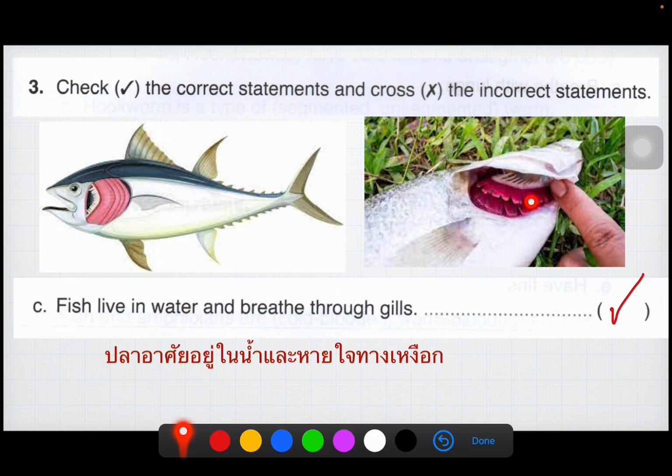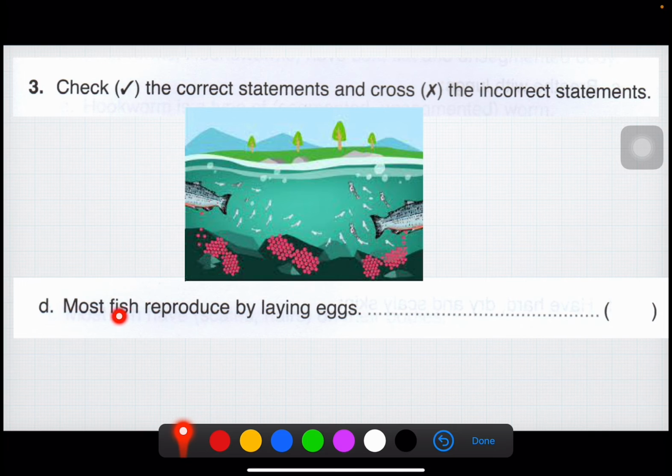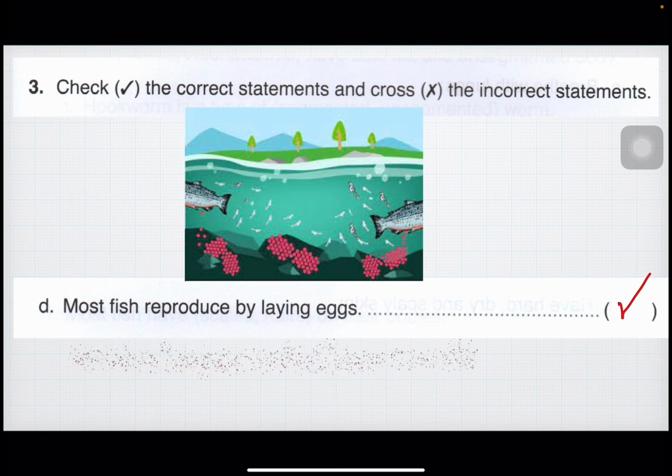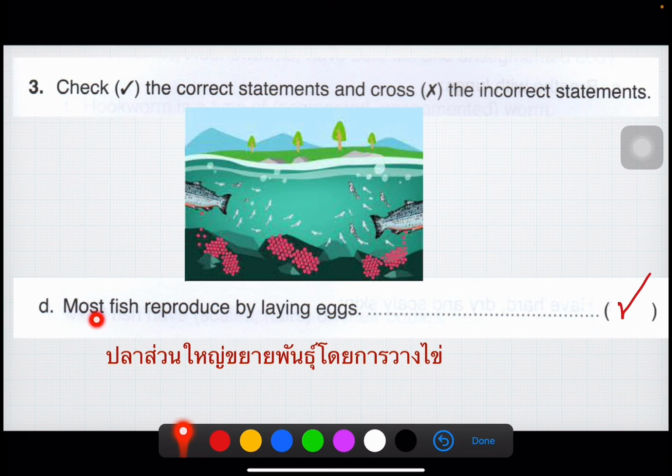This is their gills. Next, most fish reproduce by laying eggs. This is a fish laying eggs. This is a correct statement.